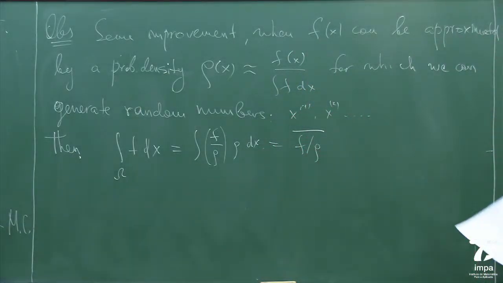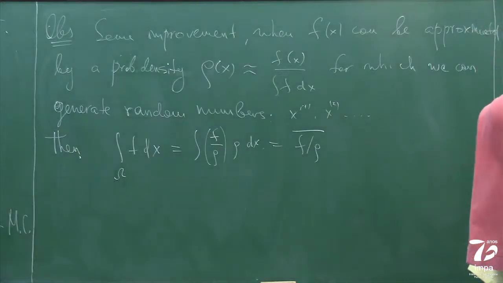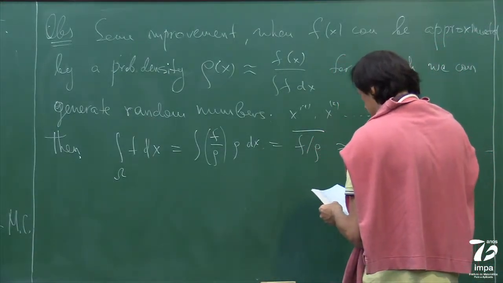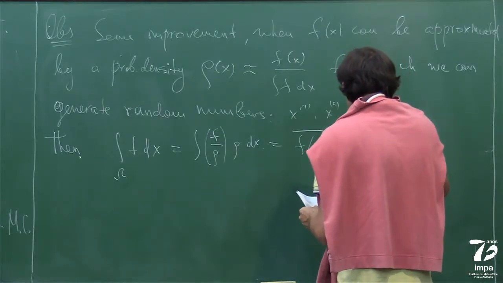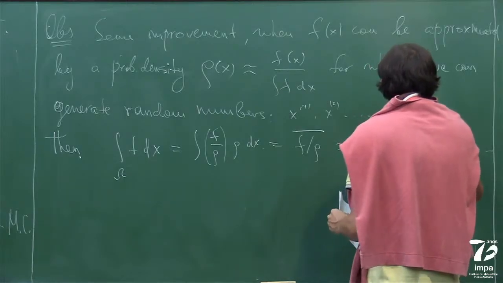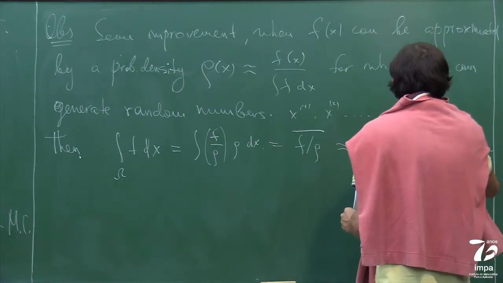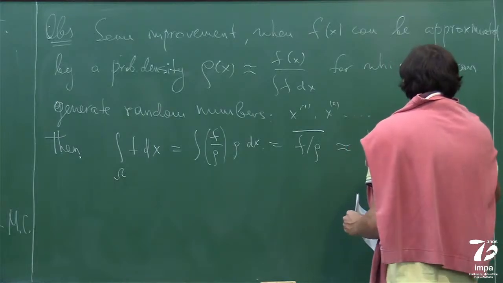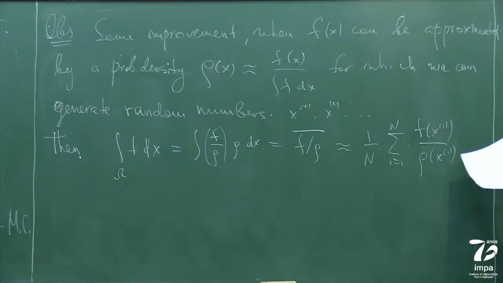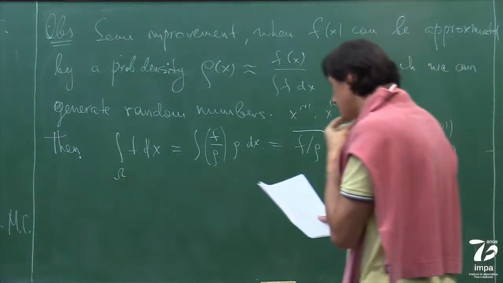So this function we know. And this can be approximated already by the sum, just as we did. So we compute this sum instead of the sum without. So we add the denominator, and what we gain is in the error.